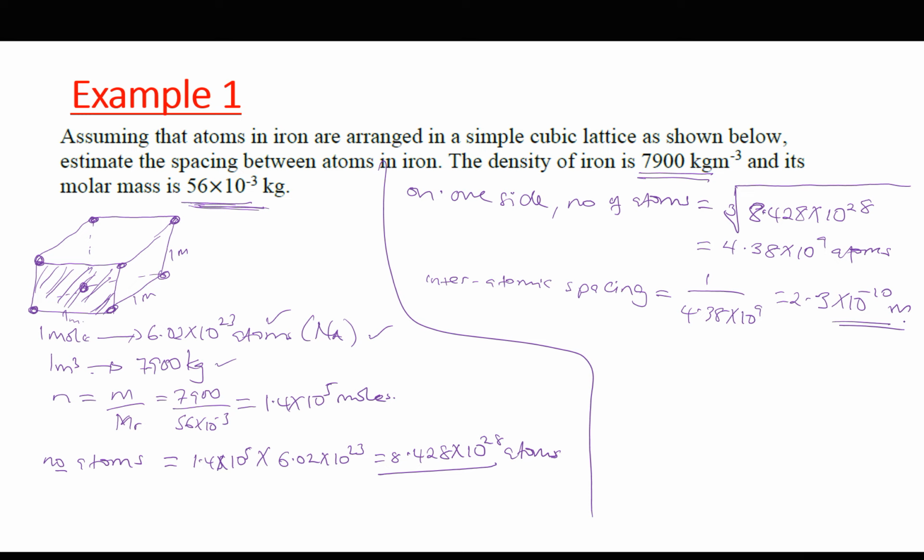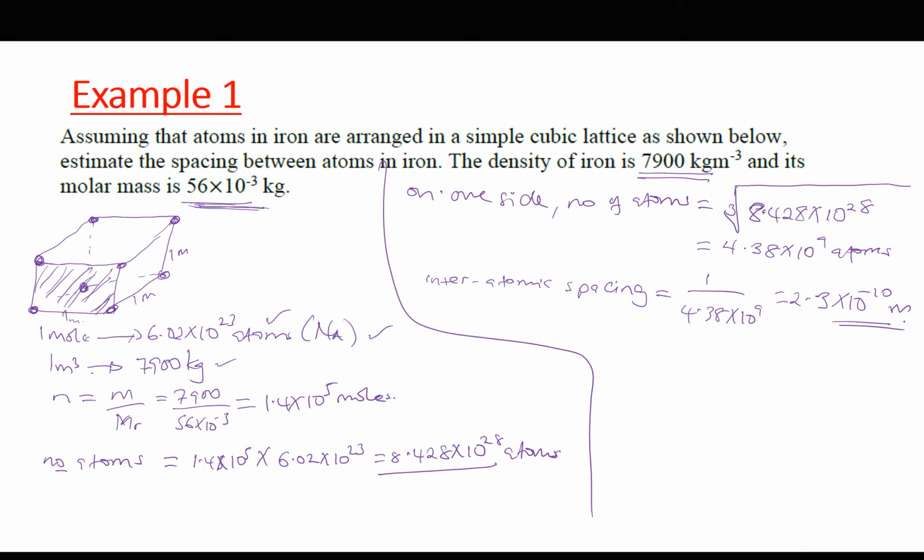Now, because we made an assumption about the simple cubic arrangement of atoms in iron, which is not in fact true, not all the atoms are arranged in a cubical lattice, the value we are giving here is an estimate.